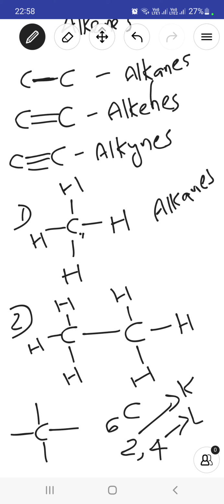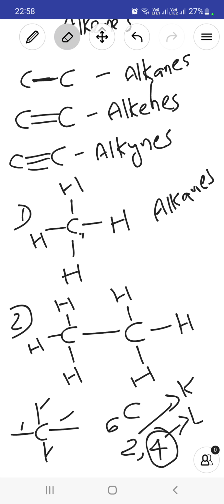It can attain the octet only when it has 8 electrons, right? So here there are only 4 electrons. It needs to get 4 more electrons to gain the octet configuration. So it makes 4 bonds with the nearest atoms. That's why it has 4 bonds.